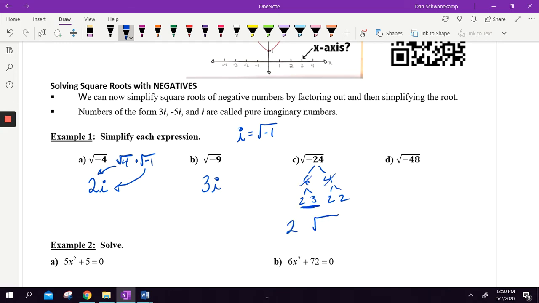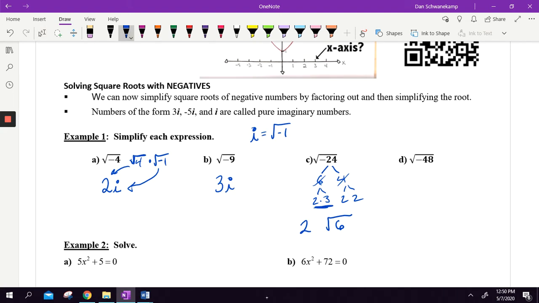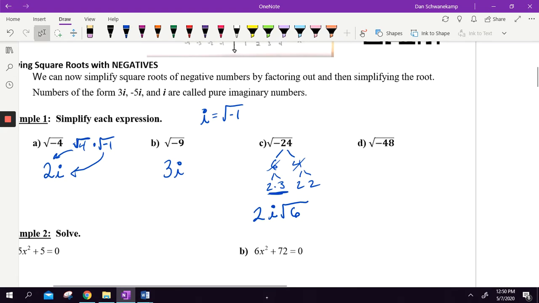These guys don't have a pair, so I'm going to multiply them back together and get 6. But because I took the square root of a negative number, we're going to include the letter i. All right, so we're going to put this i right here in front of the radical. That's always where we're going to put it. Otherwise, if we put it behind it, it looks like it's underneath the radical, and we don't want that. So that is 2i radical 6.